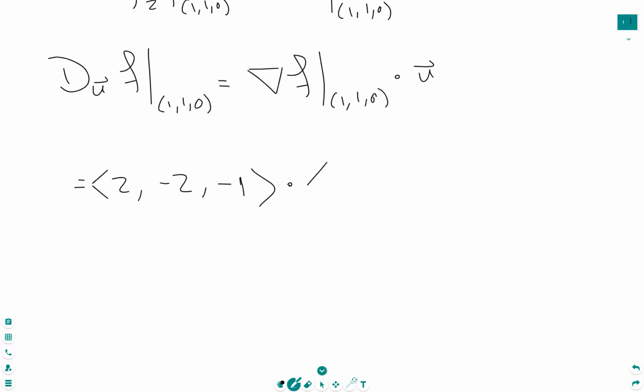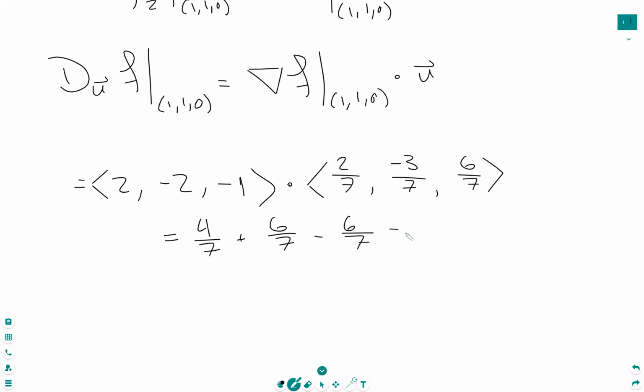And we're dotting this with the u vector, which was given to us as 2/7, -3/7, and 6/7. So we can dot this out. This is 4/7 plus 6/7 minus 6/7. So we should just get 4/7.